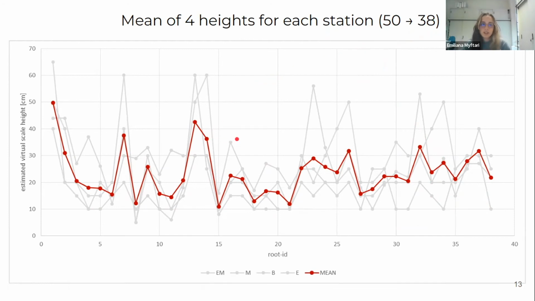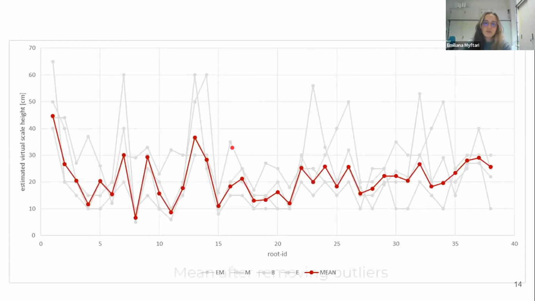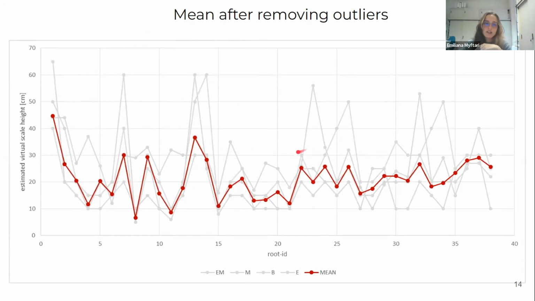But still, the mean of the 4 values didn't seem to us so representative of the actual value of each step of the virtual scale. So we decided to compute another mean after removing the outlier for some stations. For example, this 4th station has 3 really equal values and 1 outlier.